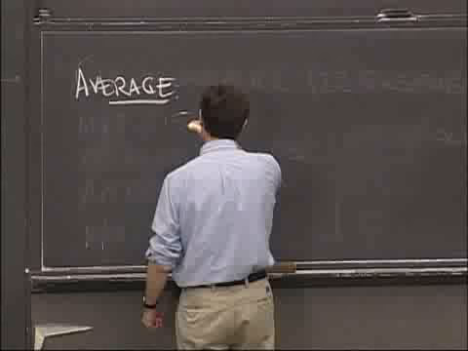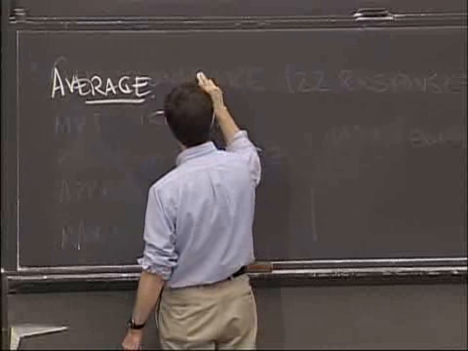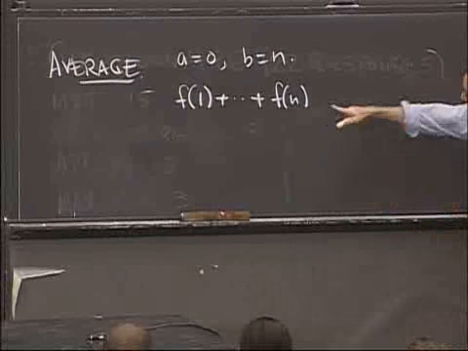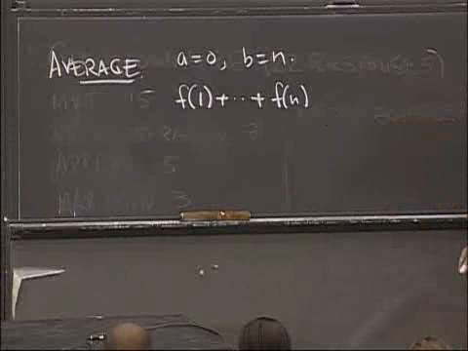So the idea of an average is the following. For example, imagine that A is equal to 0 and B is equal to n, let's say. And so we might average, sum the function from 1 to n, all right?